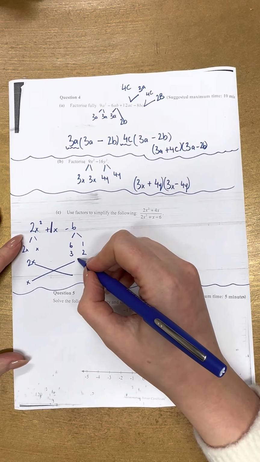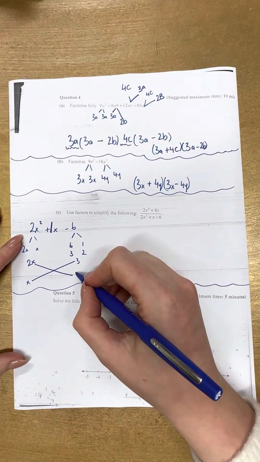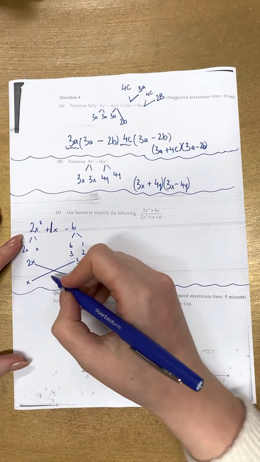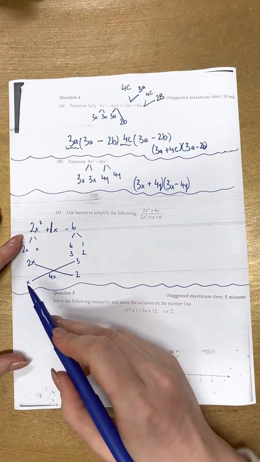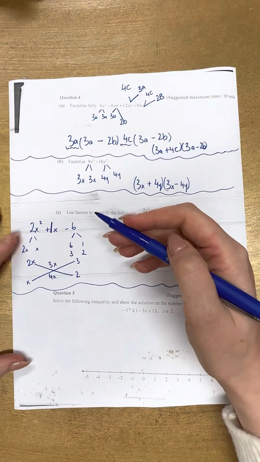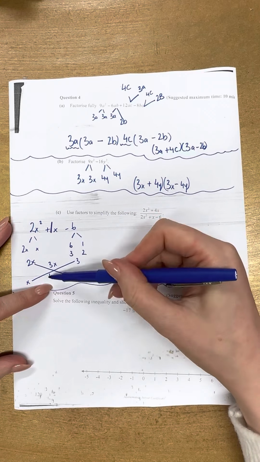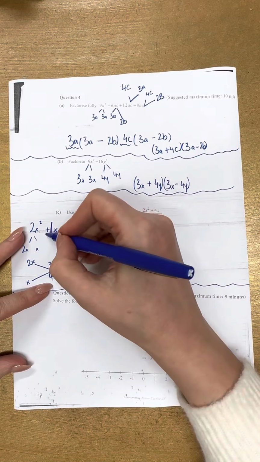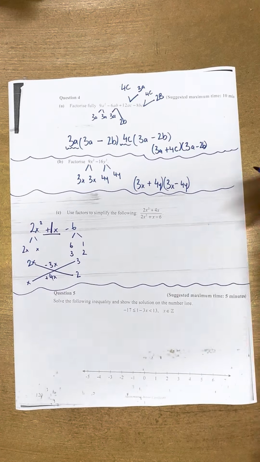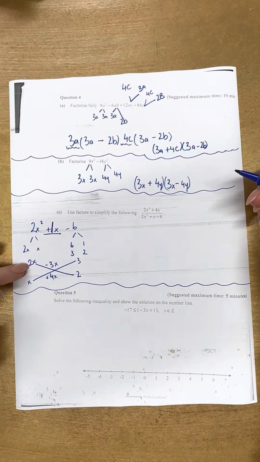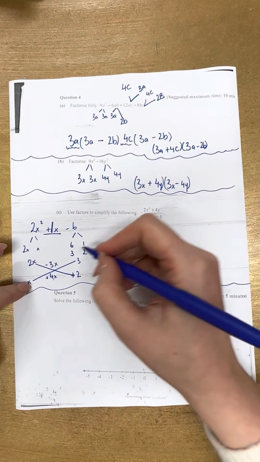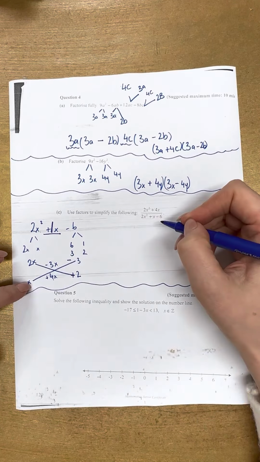Now, if I put my 3 here and 2 here, 2 times 2 will give me 4x, and x times 3 will give me 3x. By adding and subtracting 4 and 3, how will I get 1? It'll be plus 4 minus 3. So that's 2 times plus 2, x by minus 3.